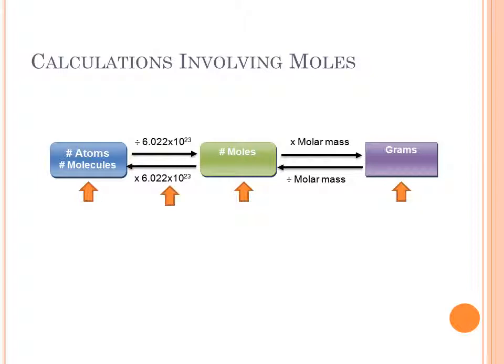So in this region between atoms and molecules and moles, we would multiply by Avogadro's number to convert moles to atoms, and we divide by Avogadro's number to get from number of atoms to moles. In this other region, we go between moles and grams. We'd multiply moles by molar mass to get grams. We divide by molar mass to get moles.